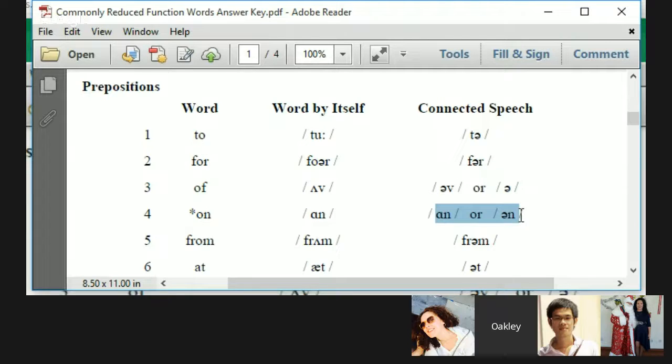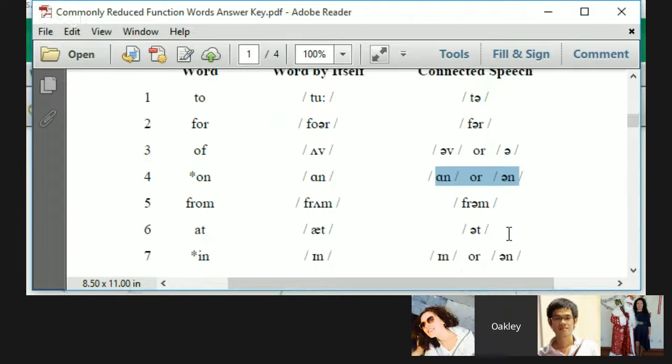Yeah, the difference is subtle. When you speak louder, I can hear on, but when you speak lower, I cannot recognize which one is which. It's very similar, so you really don't have to worry about this one too much.